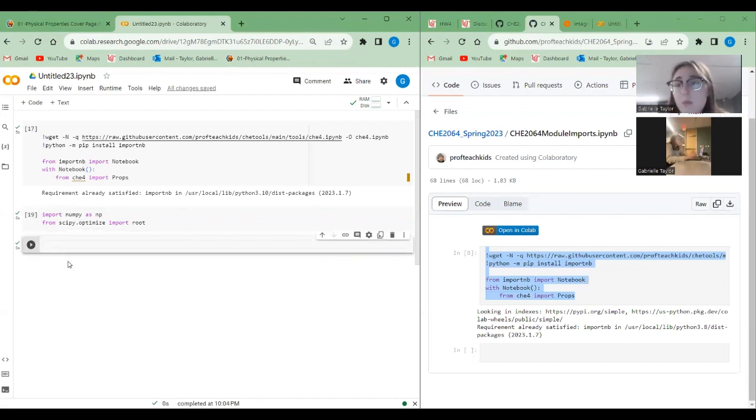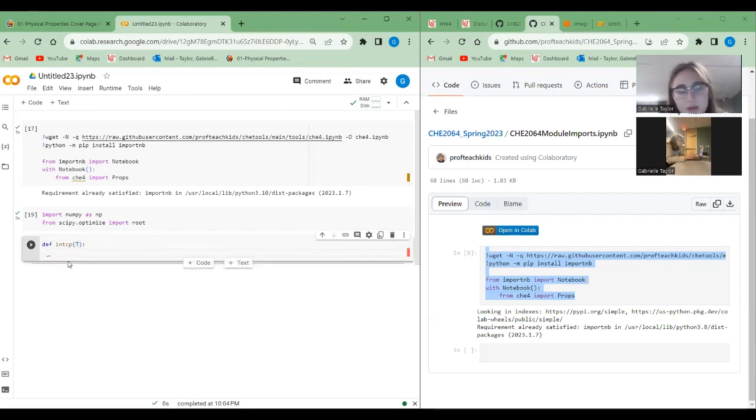So after we define the equation, we're going to do the integral of our specific heat. Since we integrated our equation, we're just going to do the specific heat of that.